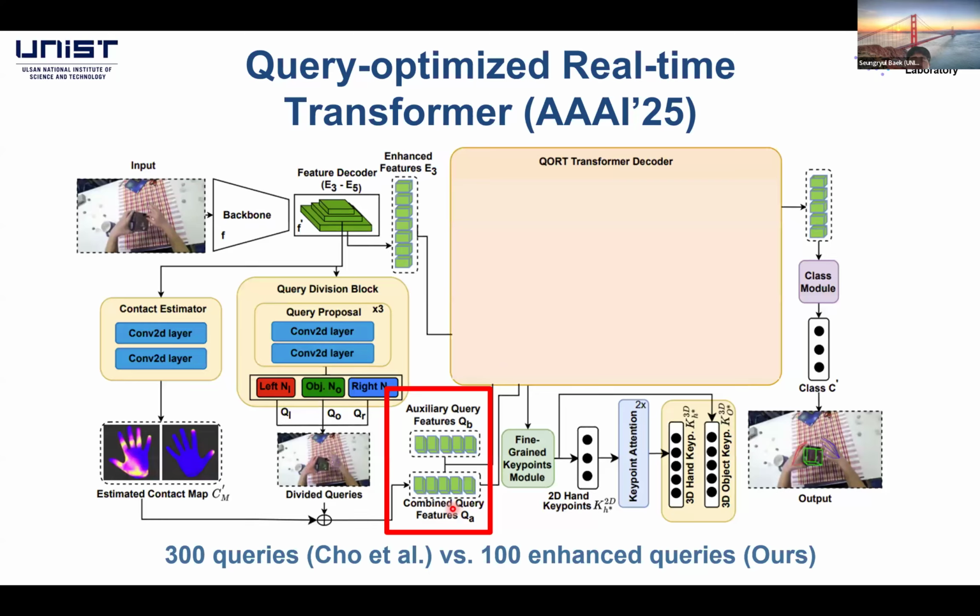Our motivation is that we give more abundant, hand-related information to each query. The previous CVPR 23 work had 300 queries, which means 300 inputs to the decoder. Now we greatly reduce the number of inputs to the decoder, but instead use more abundant hand-related information.